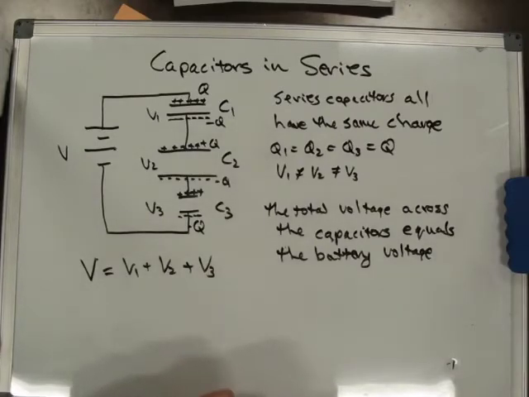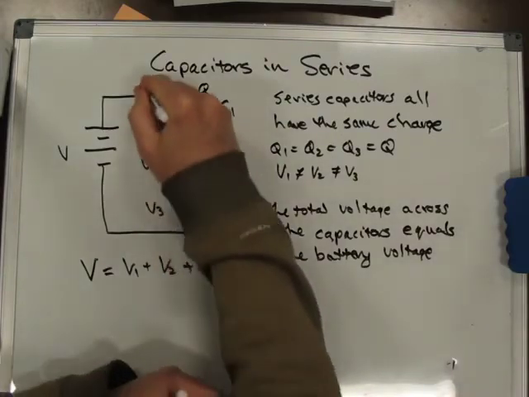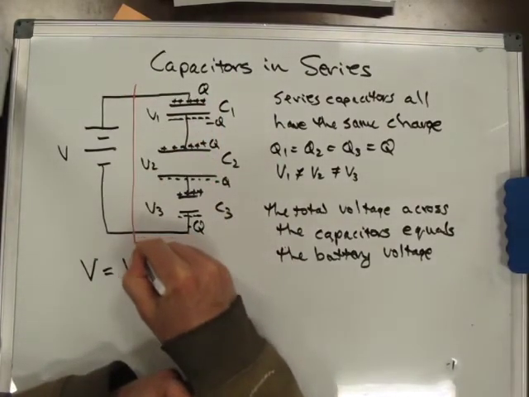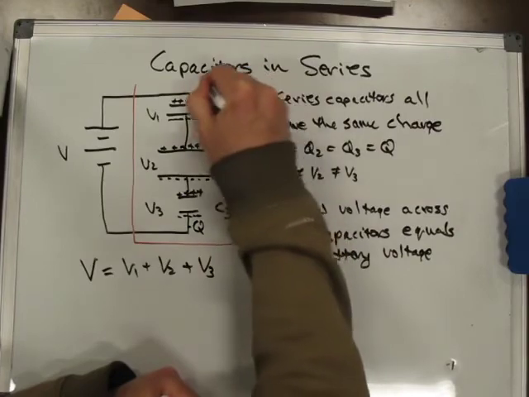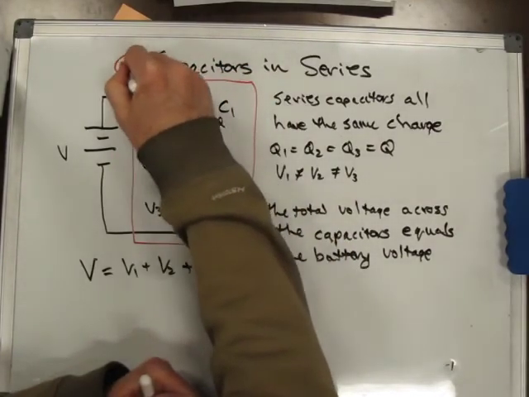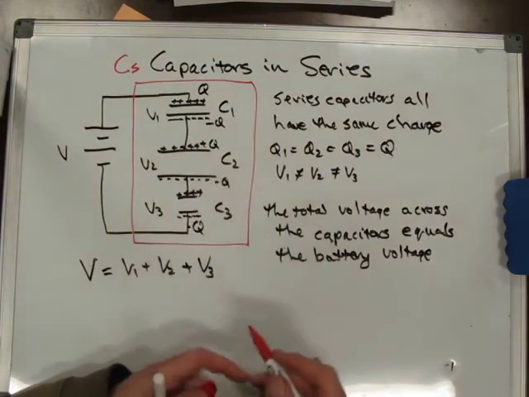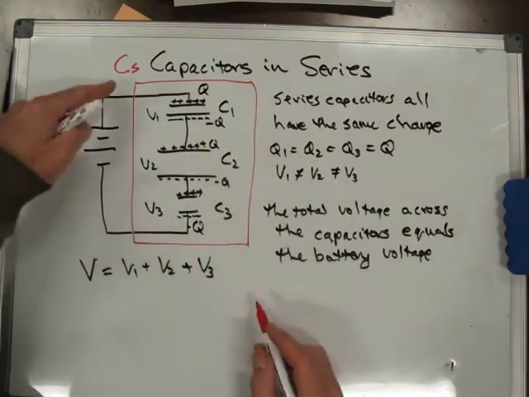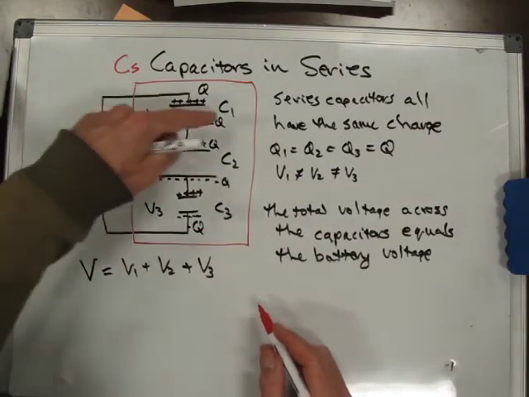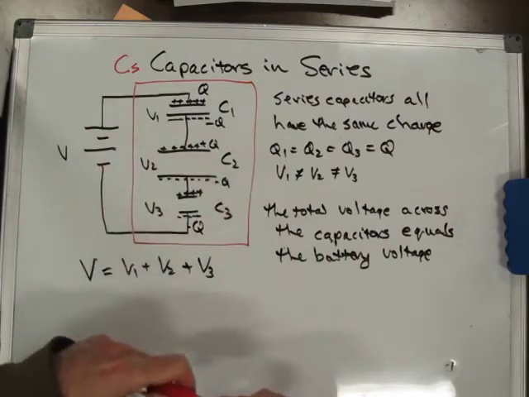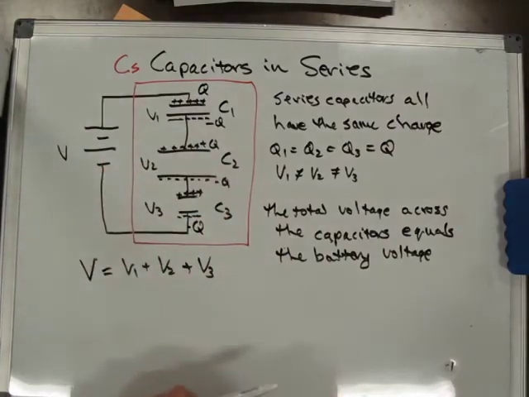Now we can ask the same question we asked of the parallel capacitors. Suppose I want to treat this as just some series capacitance. It's in a giant red box, and I can't see inside. I just see that wires go in. I want to know how the capacitance of the whole box relates to the individual capacitances.